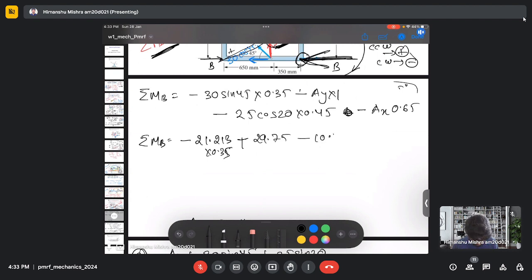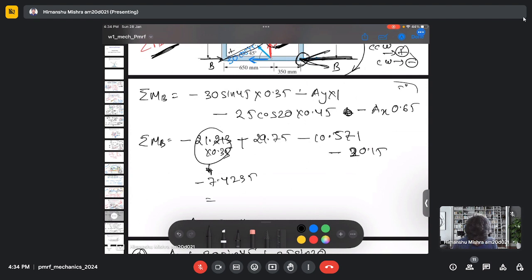This is 10.571 minus, if AX is 31, then it's 31 multiplied by 0.65, which will give me 20.15. And this quantity is minus 21.21 multiplied by 0.35, which is 7.4235.